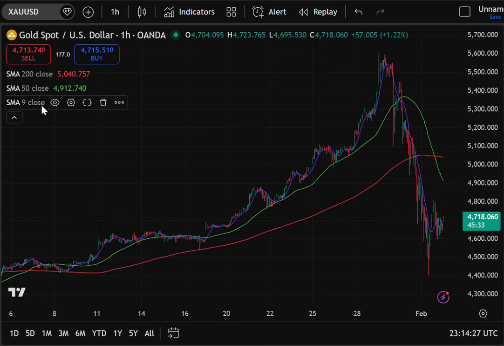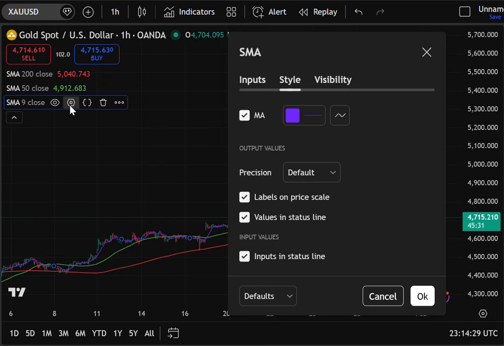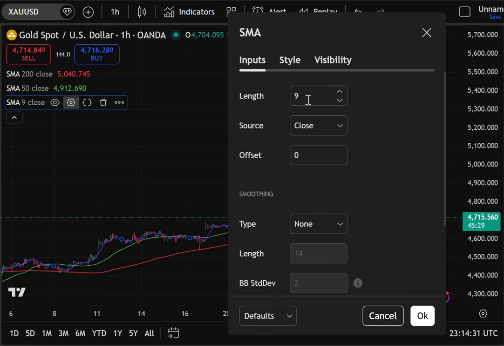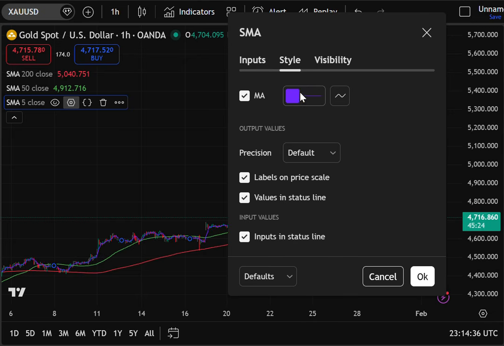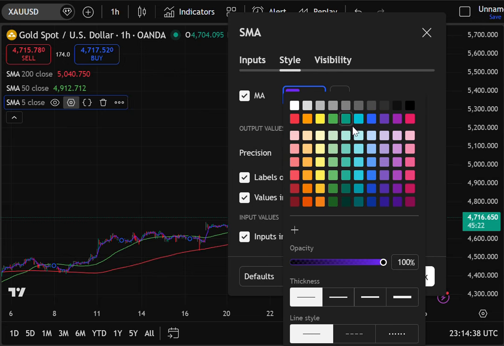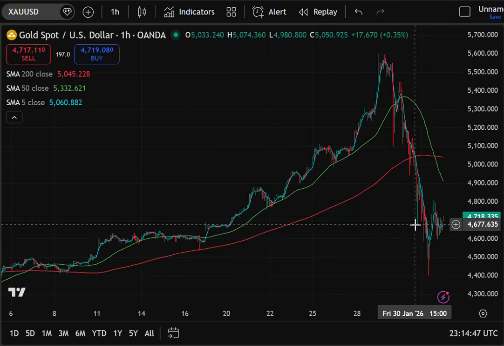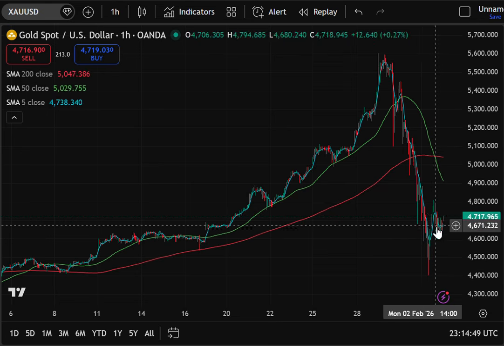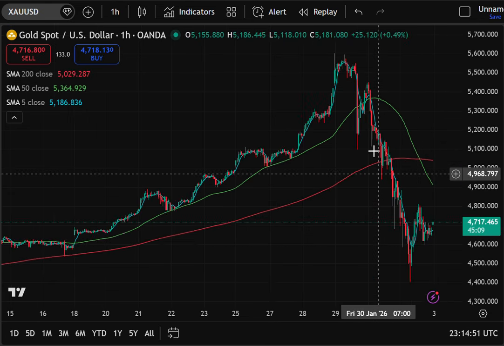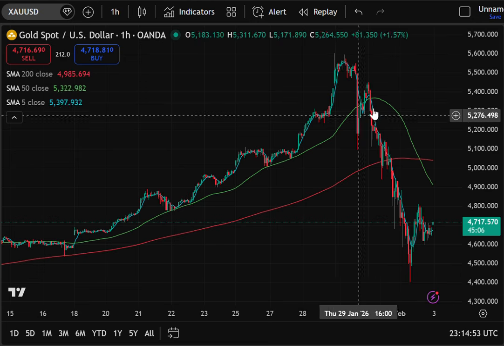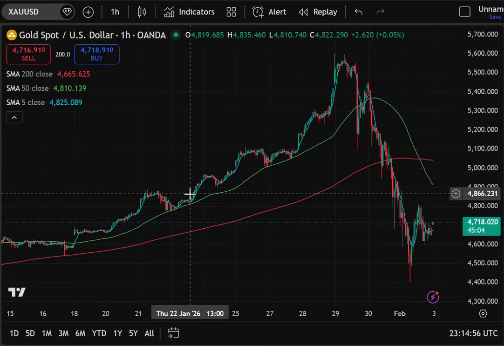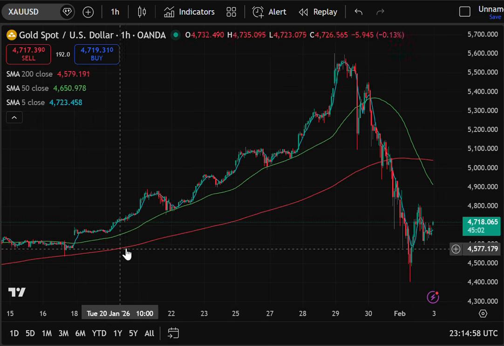And the last but not least is the 5 period. And let's give this another color, blue. Okay? So now we have the 5-hour moving average line, which is close to the price action. And then you have the 50-hour moving average line, which is the green line, and then you have the 200-hour moving average line.